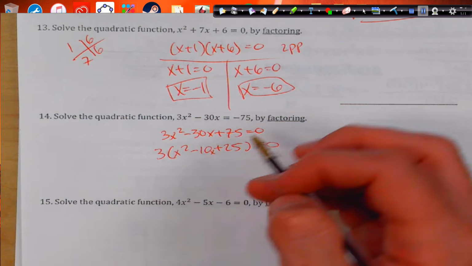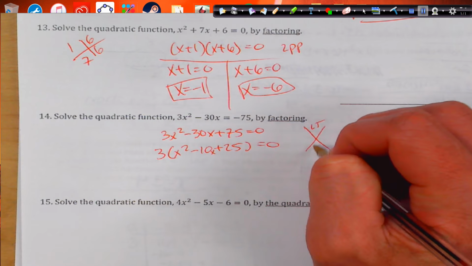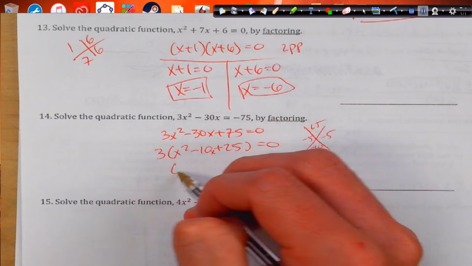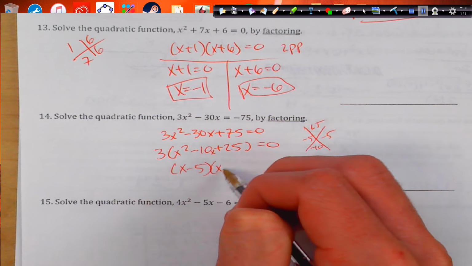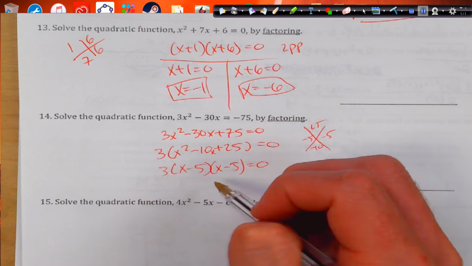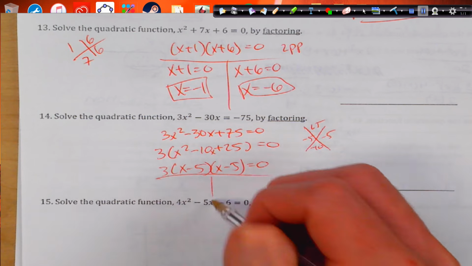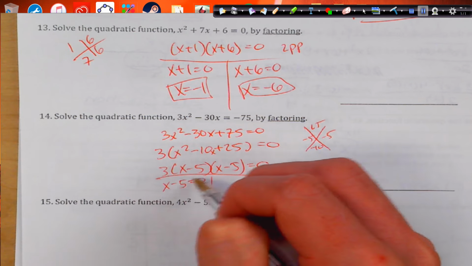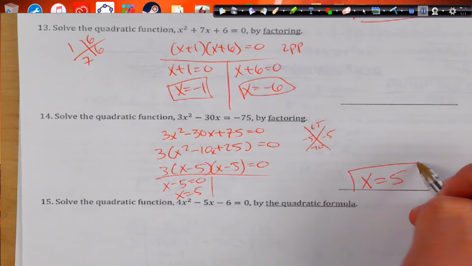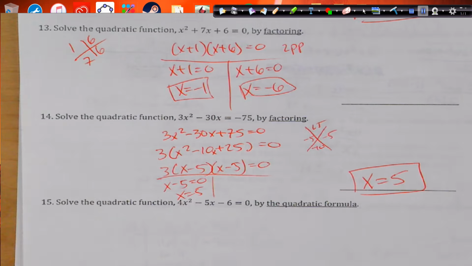But this factors: 25 and -10 would be -5, -5. So I get x minus 5 and x minus 5 equals 0. Zero product property. I just have to set these ones equal to 0. But they're the exact same, so I just really have to do it only once. So that's a rare one where you only have one solution and no more.